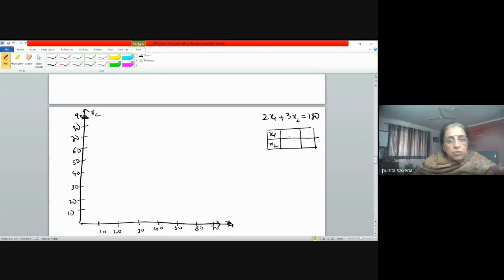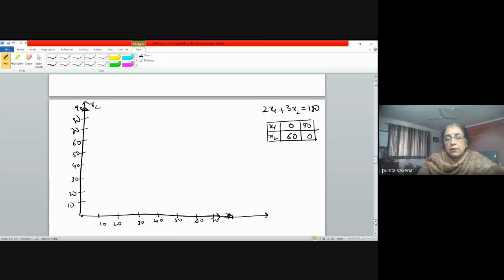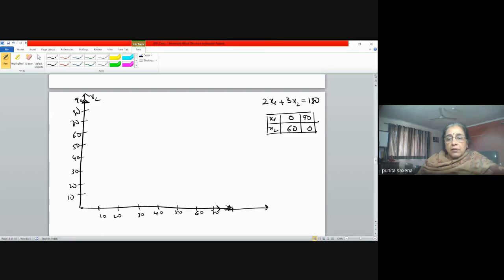I need 2 points to plot this line. तो एक बारी x1 को 0 पुट कर दिया, एक बारी x2 को 0 पुट कर दिया. So when x1 is 0, your x2 is 60. And when x2 is 0, your x1 is 90. तो हमें ये थोड़ा आगे बढ़ाना पड़ेगा. This point is 80 and so this point is 90.